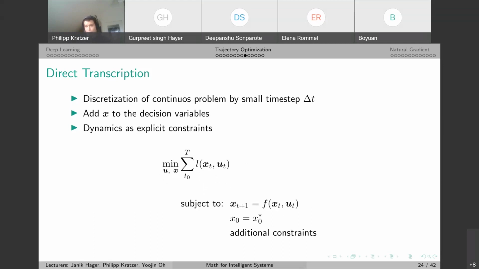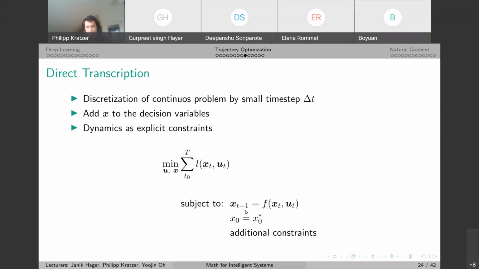As opposed to this, there's also the direct transcription method. Here we have u and x as decision variables in our minimization problem, and this makes it simpler. We don't need to use the system equation to compute the new x, because it's a decision variable, we can change it, but we need to add a constraint that our system equation still holds.